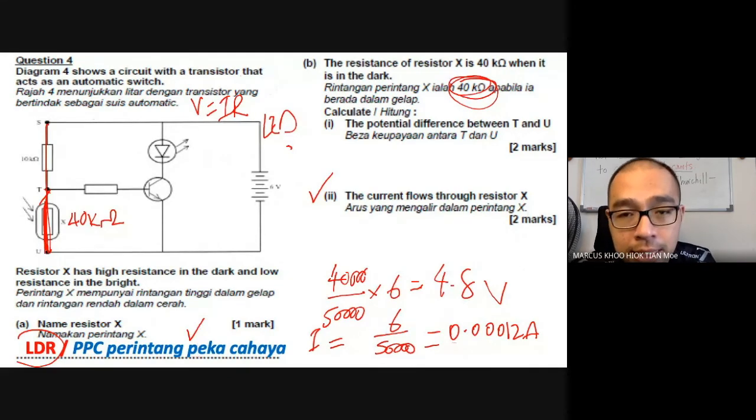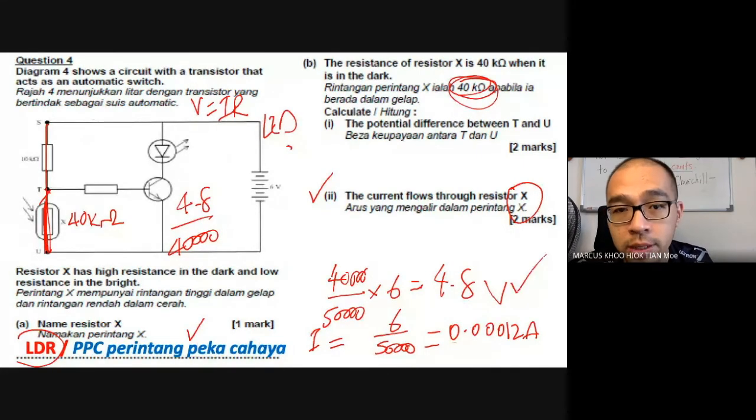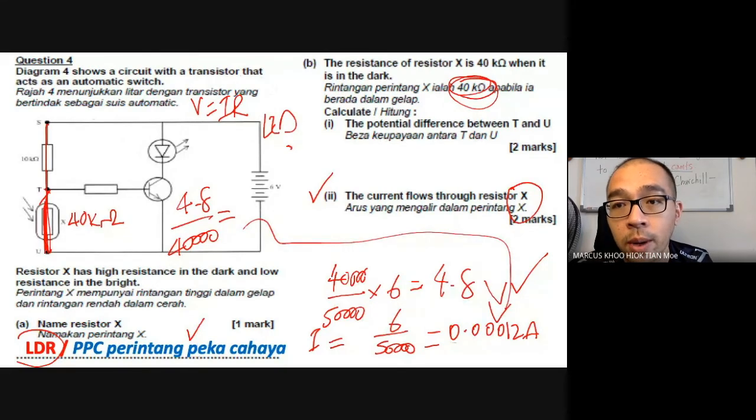Now, let's say because you see the resistor X only. What if I use 4.8 divided by 40,000? Because the voltage across here is 4.8 volts, which you have already calculated, and the resistance is 40,000, you will also get the same answer, 0.00012 amps.